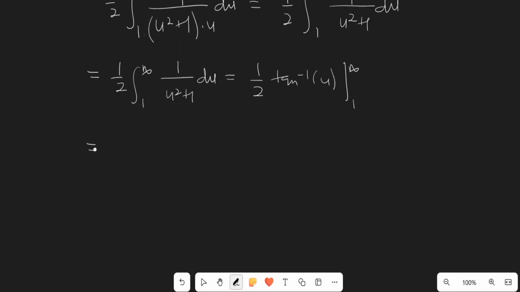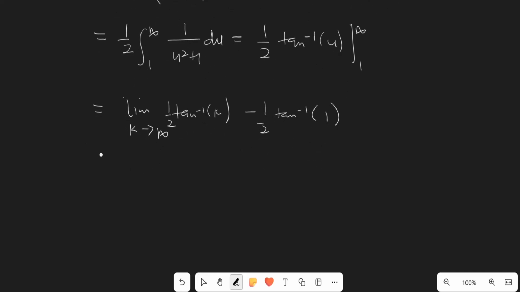So we can plug in our limits. We have the upper limit first, so you can say the limit as k approaches infinity of 1/2 tan inverse of k, minus 1/2 tan inverse of u, where the lower limit is 1.